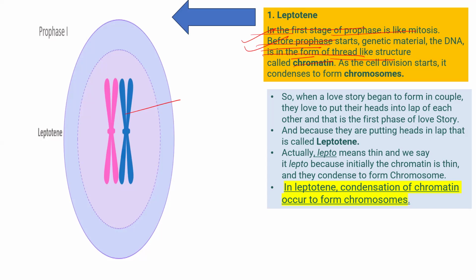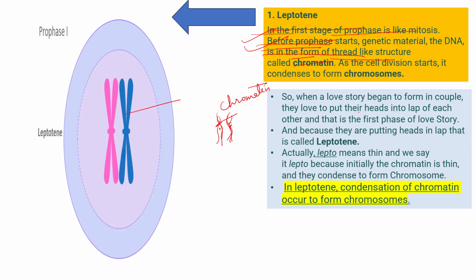Now we are going to learn meiosis. As the cell division starts, it condenses to form chromosome.